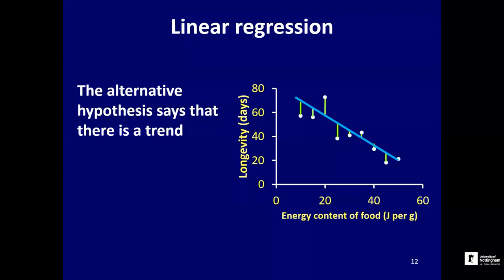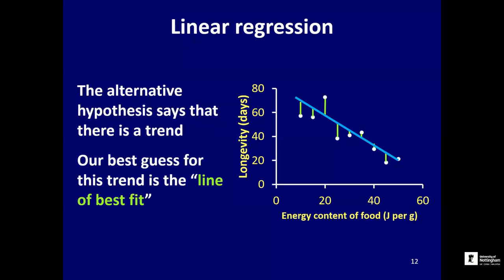So the alternative hypothesis says there is a relationship, the null hypothesis says there isn't, but mathematically we can be more specific about the alternative hypothesis, and we create a line of best fit which has an equation, which we'll come back to later on, which represents the exact relationship between x and y that we think might be going on. So it's our best guess, this line of best fit, for exactly what we mean when we say there is a trend between x and y.